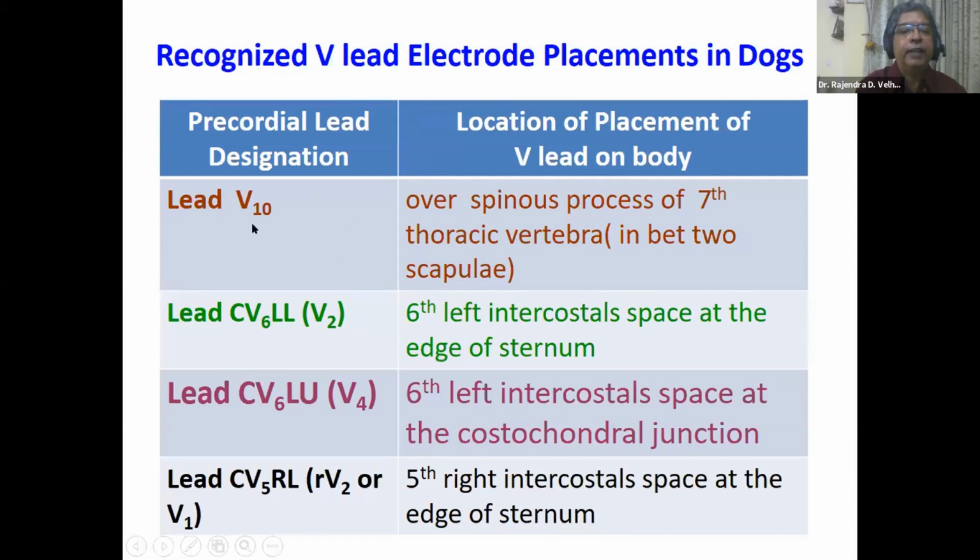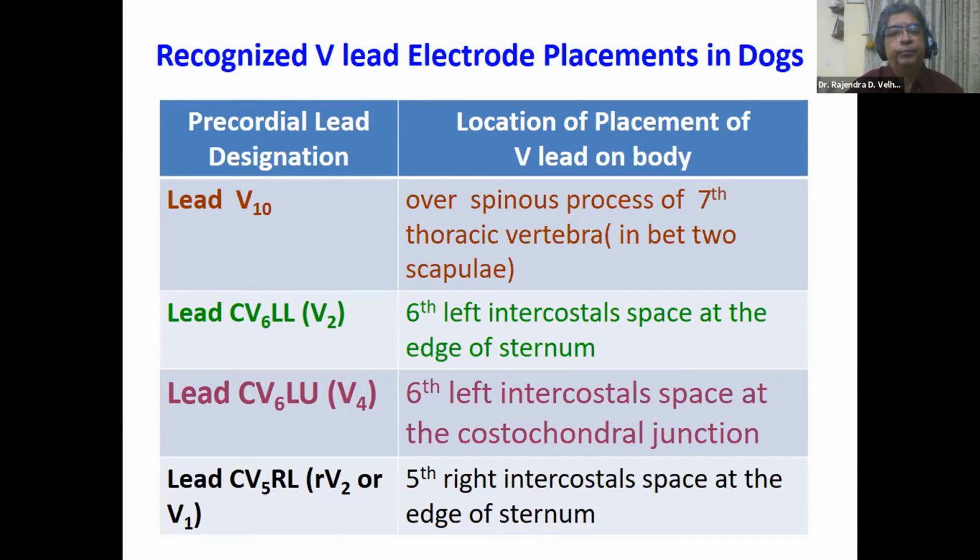For recording V10, you have to place the V lead in between the center of the 2 scapulae, which is approximately the location of the 7th thoracic vertebra, and then record the lead. Then CV6LL, that is the left side 6th intercostal space at the edge of the sternum.